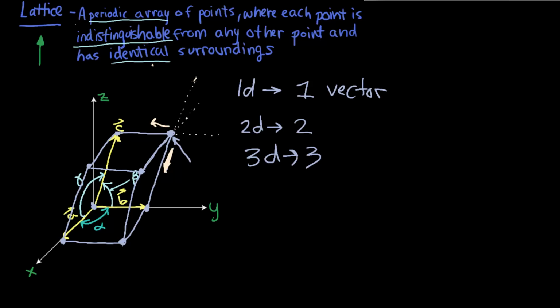I can look up to another point here, or out here, or out here. And all of these points are going to look the same. Once again, I have no way of determining which point is which. And that all stems from the definition of our lattice. Each point has identical surroundings and is indistinguishable from every other point. I really want to emphasize that.